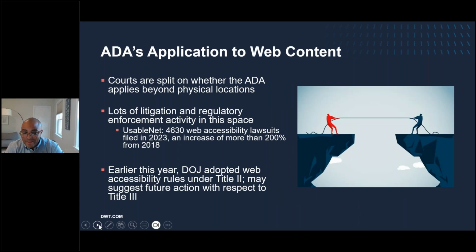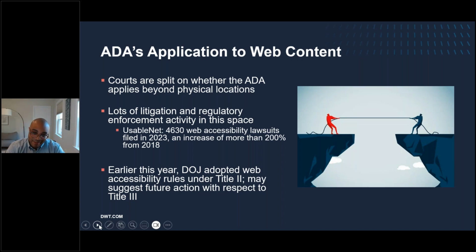You can imagine, given that the ADA was adopted in 1990, the then fairly nascent internet was not really on the minds of the congressional drafters. As a result, public accommodation as defined in the ADA itself refers expressly to 12 categories of places that are generally situated in the physical world.